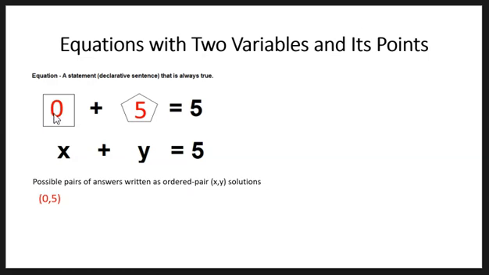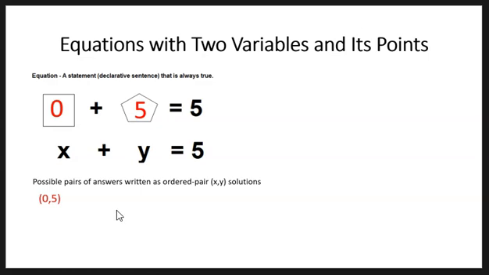So the pair 0 plus 5 equals 5, the pair 0 and 5, look how we write it. That's one possible answer. So this equation doesn't have one numerical answer, it has 2 numerical answers. One value for the x and one value for the y.